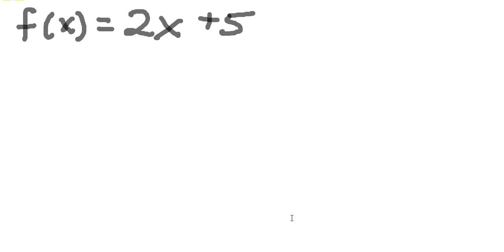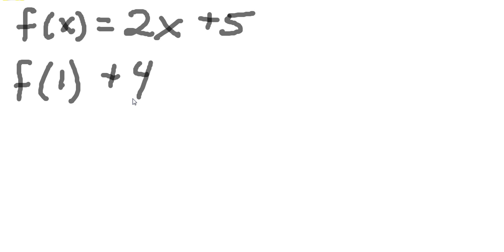Putting in for part B, we have f of 1, so f, open parentheses 1, close, plus 4. What does that plus 4 mean? It means we put this 1 in for a function and solve for that, and then add 4 to the end of it.